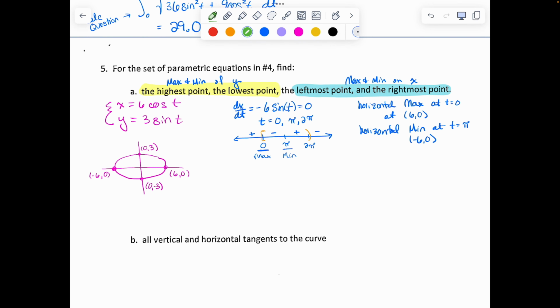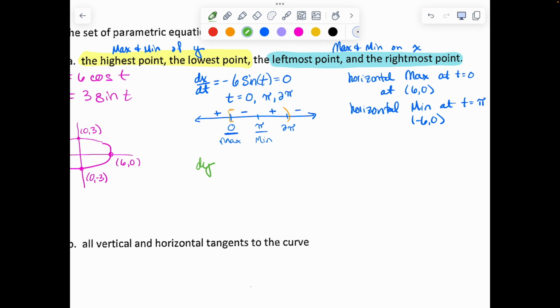Okay, so now repeat the process for dy dt. So dy dt equals 3 cosine t, and that equals 0 at times pi over 2 and 3 pi over 2. We do our first derivative test. So here's pi over 2, here's 3 pi over 2.